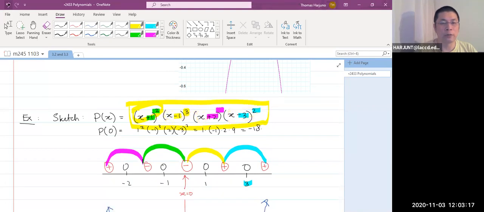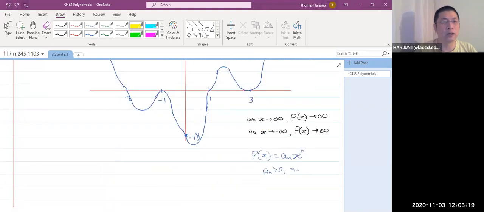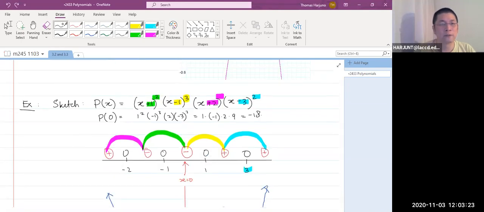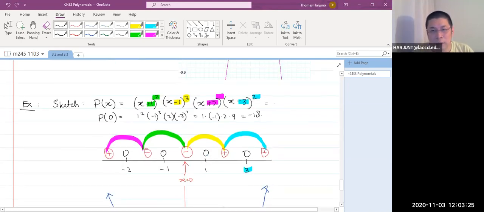The leading coefficient for all of them is 1. Right? And this will be 1 x to the 5, 6, 7, x to the 8. So you see the leading coefficient is positive 1, and the exponent is even.